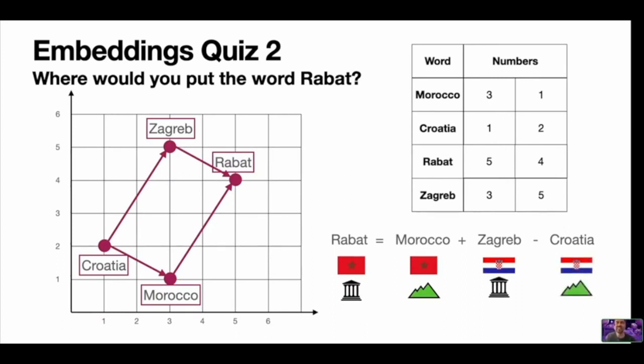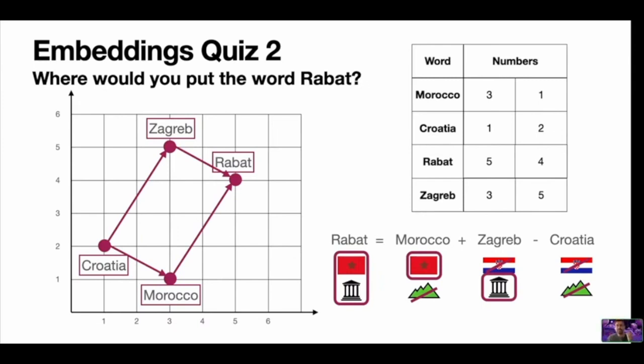If I do this math and subtract, country and country cancel each other, Croatia and Croatia cancel each other, and I'm left with Morocco and capital, which is exactly what I have on the right. And you can see that this math works out in the coordinates. If I add things coordinate-wise, this equation holds.